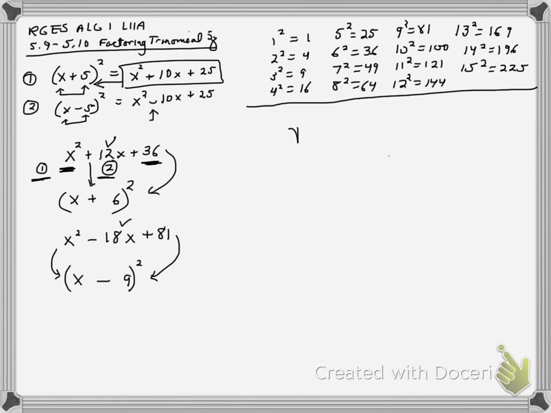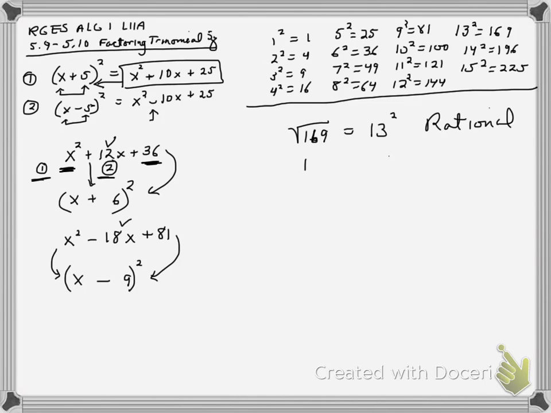So if I have, let's say, 169, and a whole number squared equals that, certainly 13 squared does, then we would call this a rational number.